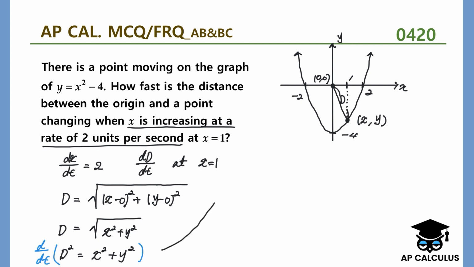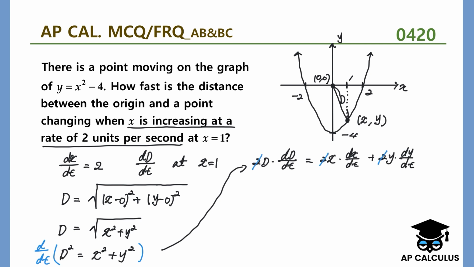Okay, so right here, the derivative of d squared, power rule times chain rule, dD over dt, is equal to power rule 2x times dx over dt, chain rule, plus power rule, chain rule for y, right? So eliminate 2, right?